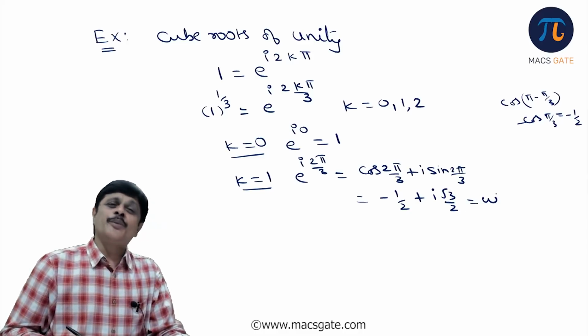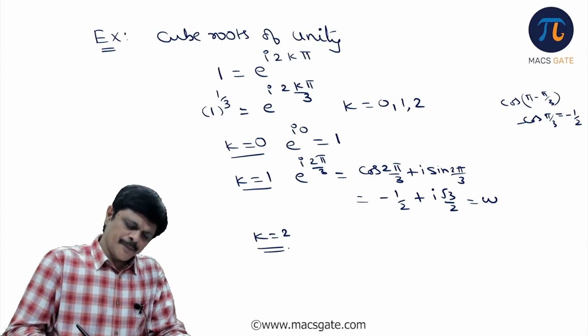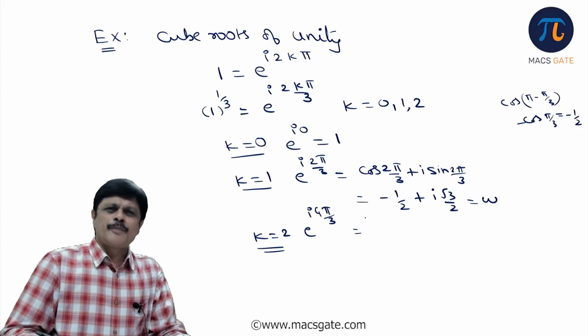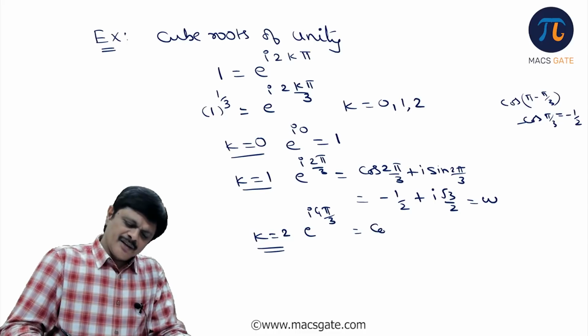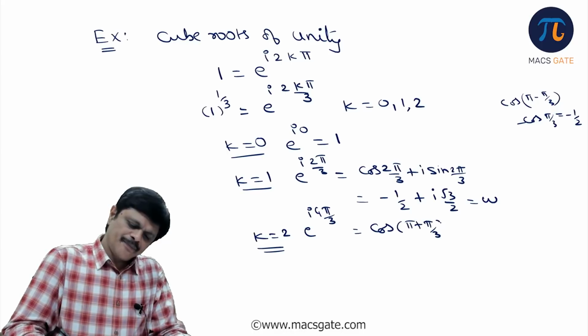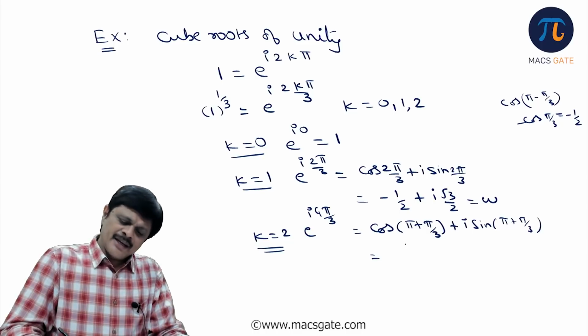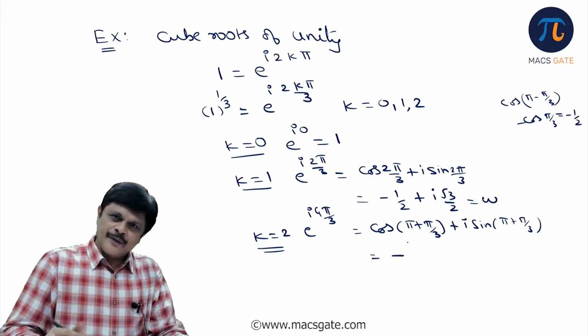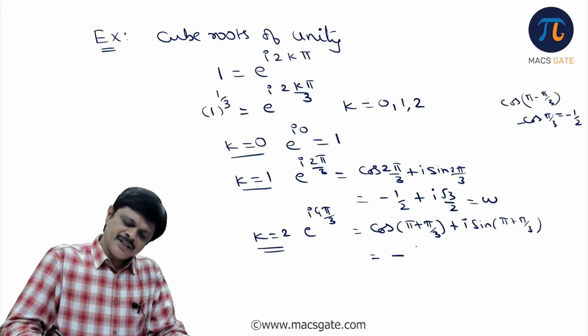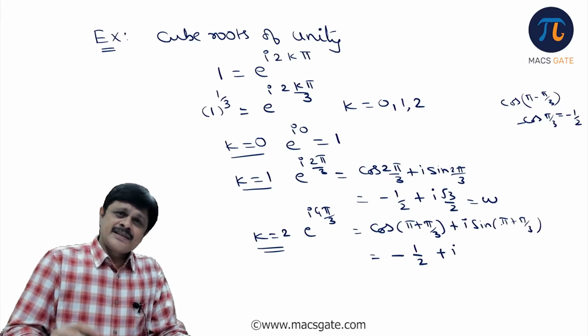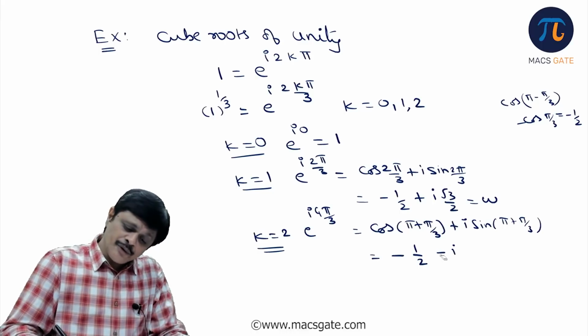And this is what we denote as omega. And for k equal to 2, we get e^(i4π/3). See, 4π/3 is π plus π/3. So cos 4π/3 can be written as cos(π + π/3) plus i sin(π + π/3). Cos remains cos, but in the third quadrant cos is negative, so you get negative cos π/3, which we just found is half, plus i sin(π + π/3). Sine remains sine, but in the third quadrant sine is negative, so you get a negative sign.